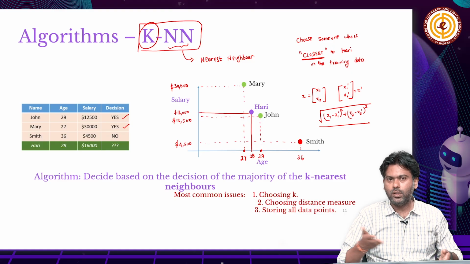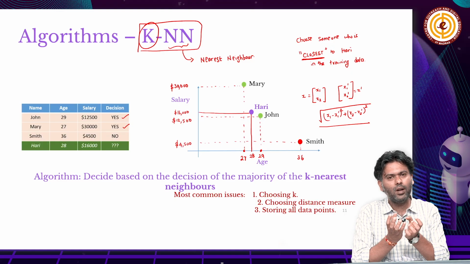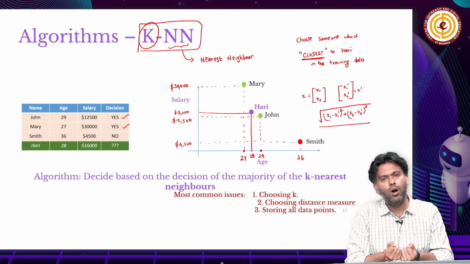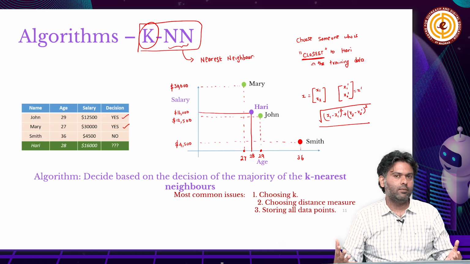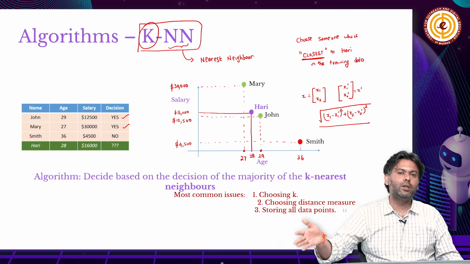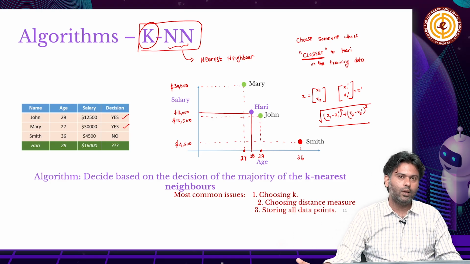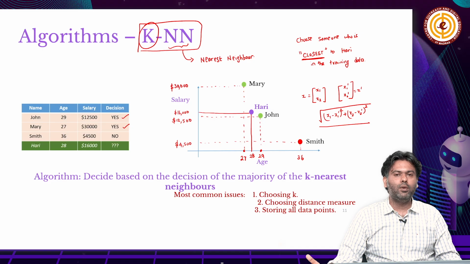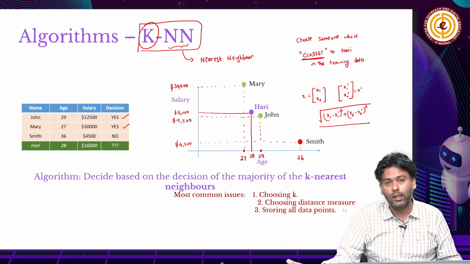Only then can you compute these distances. In other words, you have not really extracted a model from this data set. You need the entire 10 million data points to make a decision for every new test data point, and that seems to be a very costly thing to do.